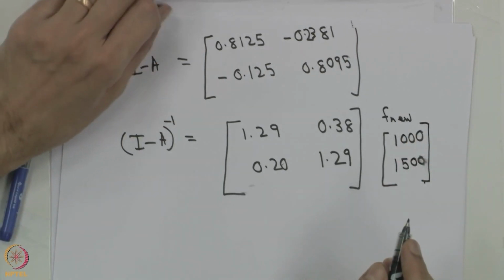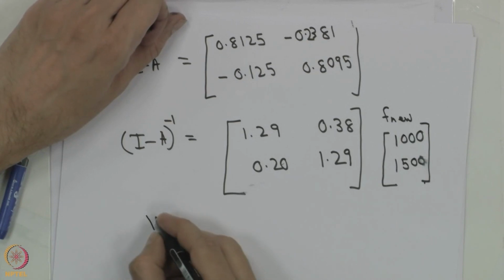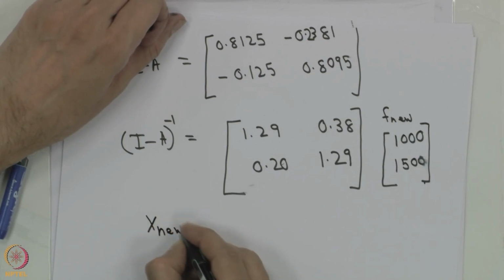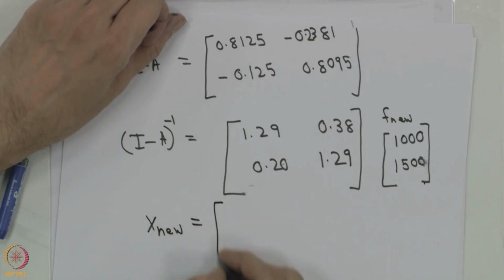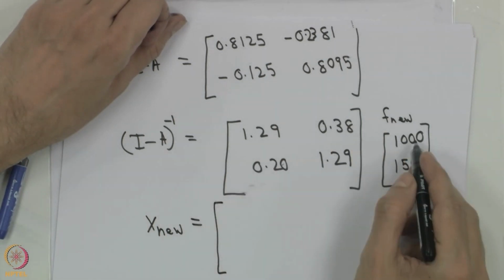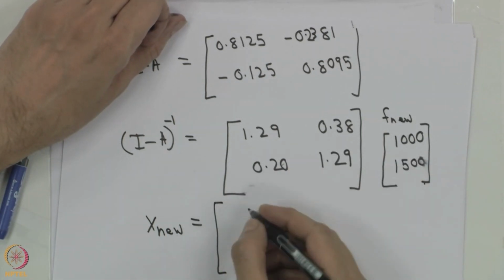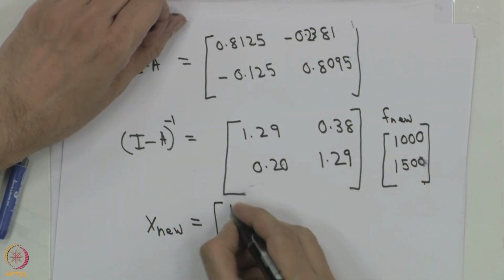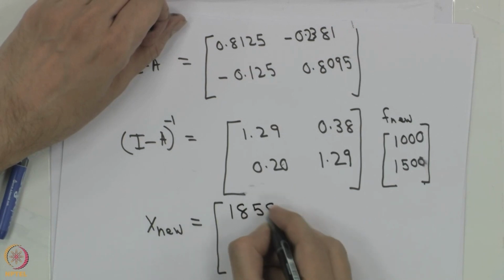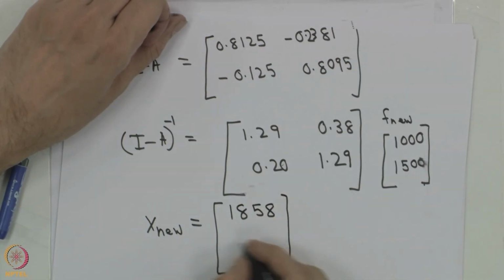We can multiply this, and what you will find is x new, 1858 and 2340.